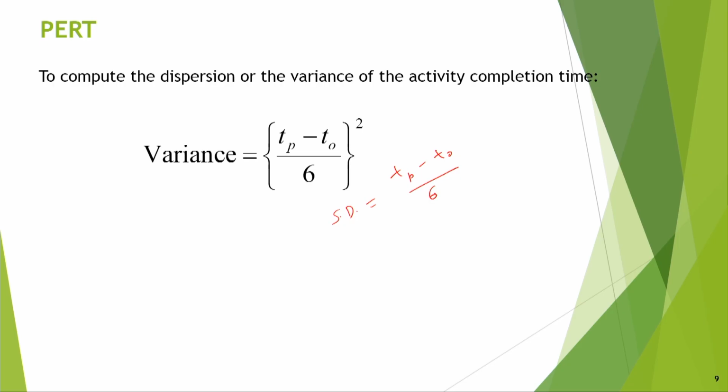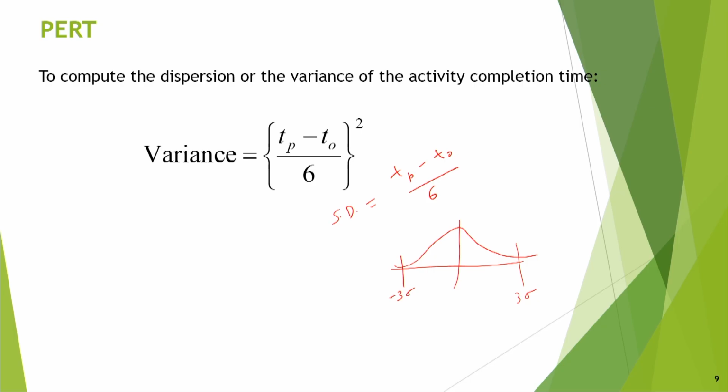That means, if you consider a normal distribution, the pessimistic and optimistic estimates lie between 6 sigma. Everything is within 6 sigma. Suppose you just draw a normal distribution. This is about 3 sigma, and this is again about 3 sigma on the minus side. So, between 6 sigma, the standard deviation becomes Tp minus To by 6, that is basically the standard deviation of one activity.